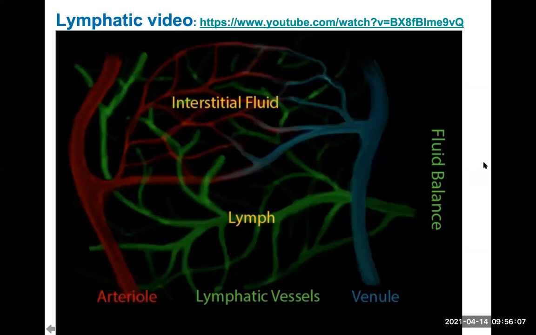There is no heart for this system of vessels to pump the lymph around. So how does the lymph get to the locations it needs to be delivered to? The lymph moves through your body when you move your skeletal muscles. The contraction of skeletal muscles squeezes the nearby lymph vessels, pumping them. This pushes lymph through the vessels. In addition to the contraction of skeletal muscles, there are two other means by which lymph travels through the lymphatic system.